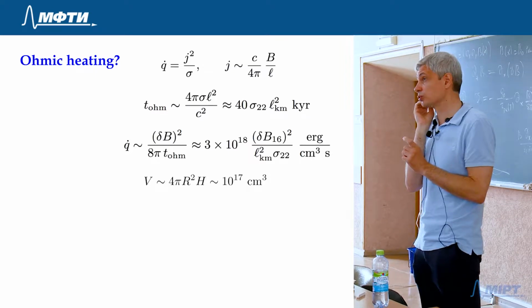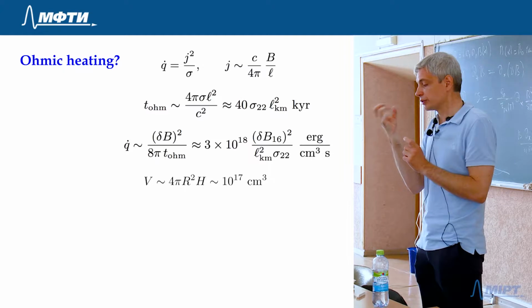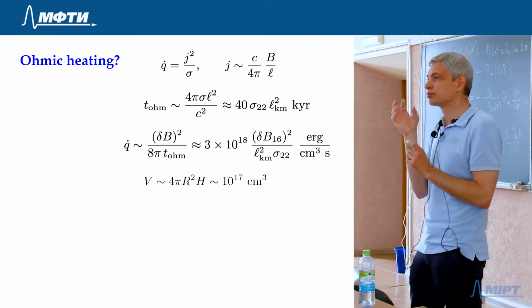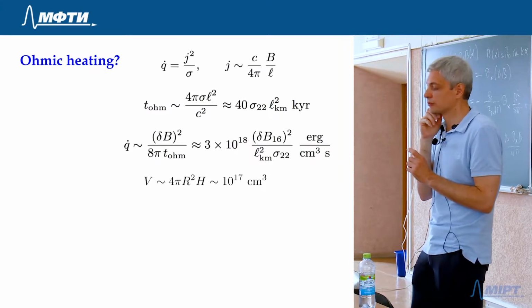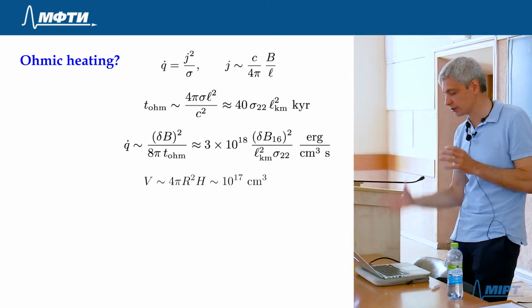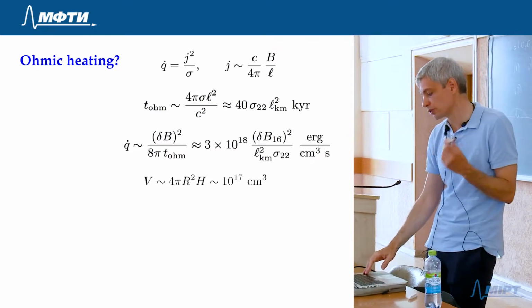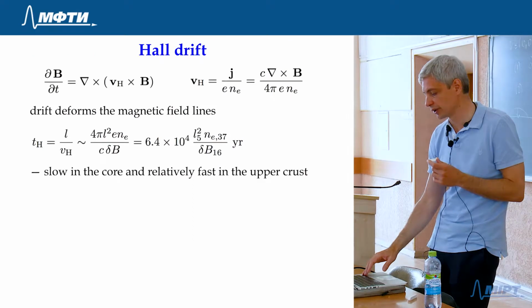And in principle, it could supply this 10 to the 35 erg per second heat power. But it's a kind of extreme assumption, so in principle possible, but seems unlikely.